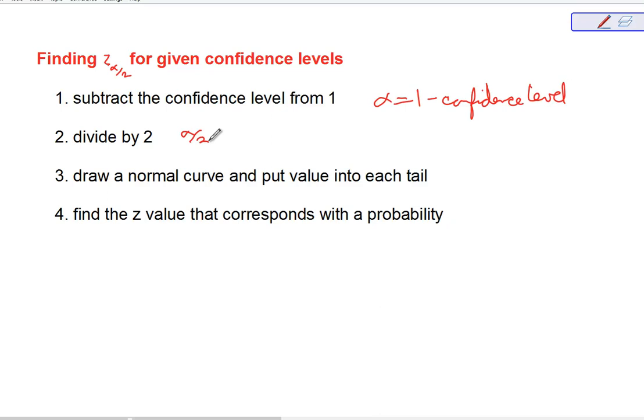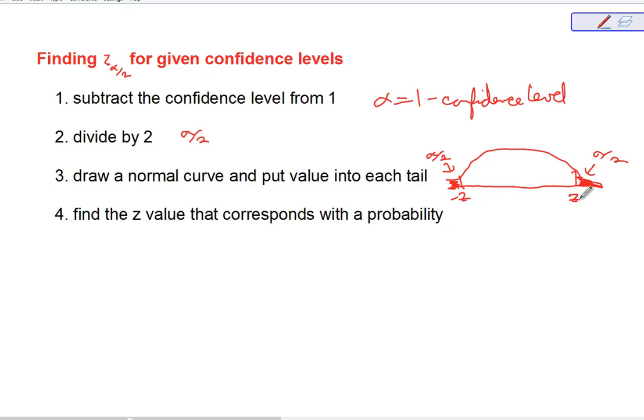I'll draw a normal curve and put the alpha divided by 2 in each tail. So alpha divided by 2 in each of the tails. Then I find the Z value that corresponds to this alpha divided by 2.